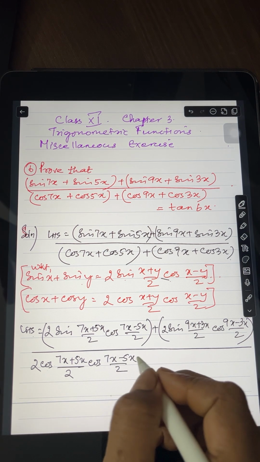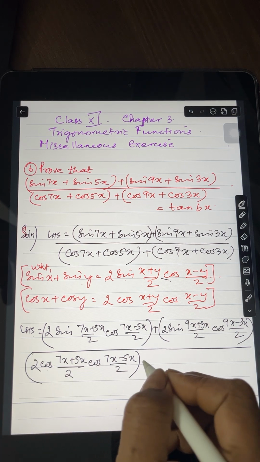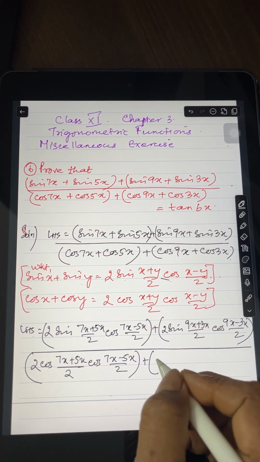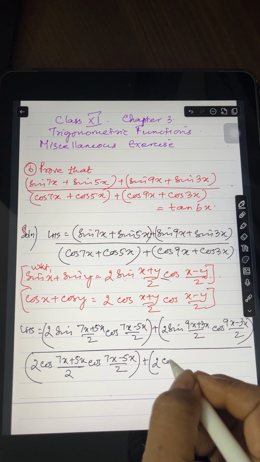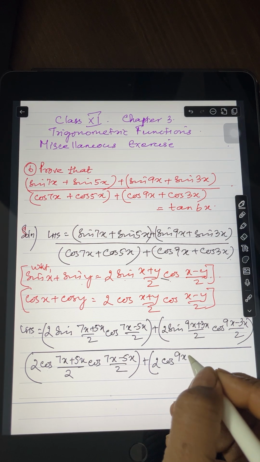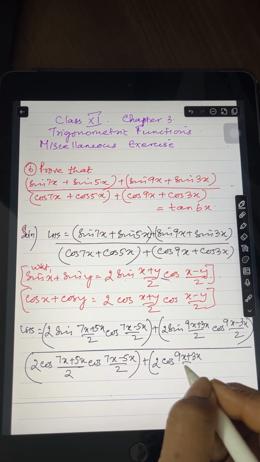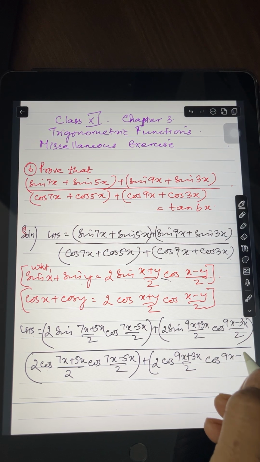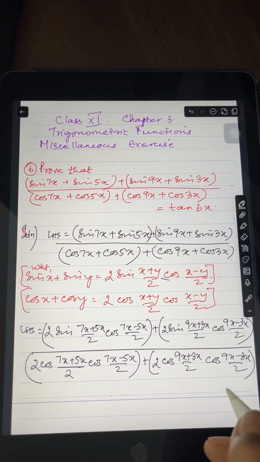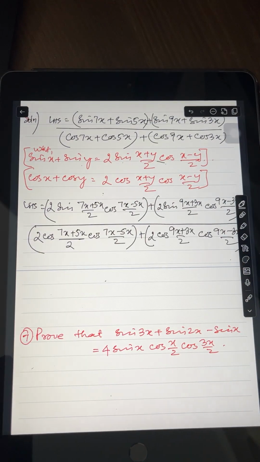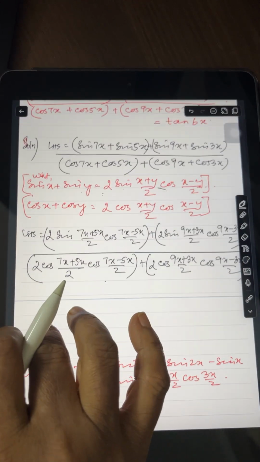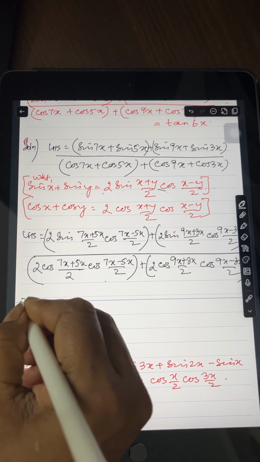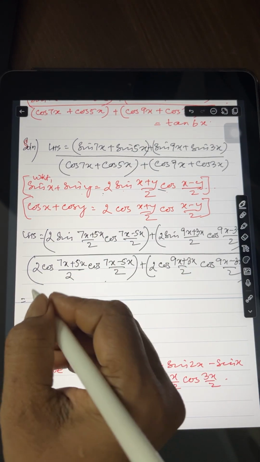This is for cos, plus again 2 cos (9x plus 3x by 2) cos (9x minus 3x by 2). Clear till here? Now you can solve this.